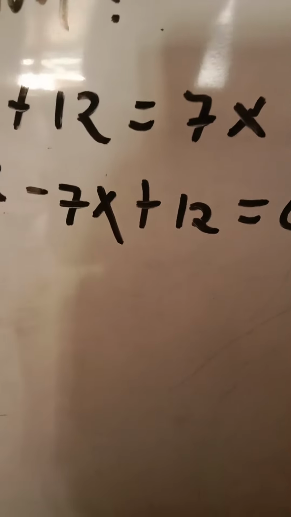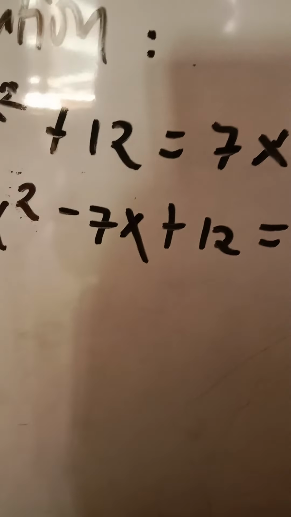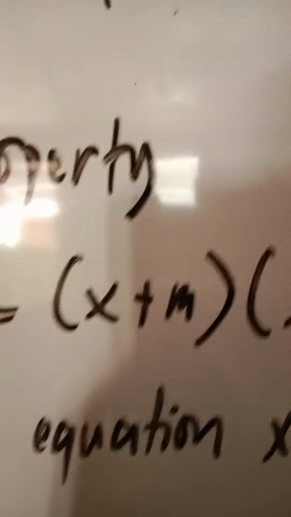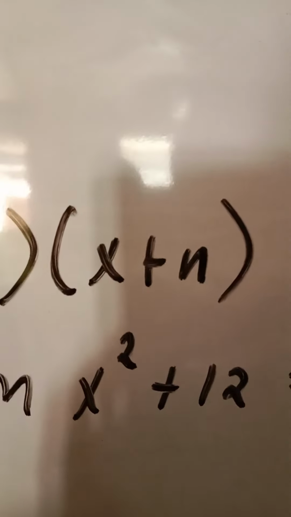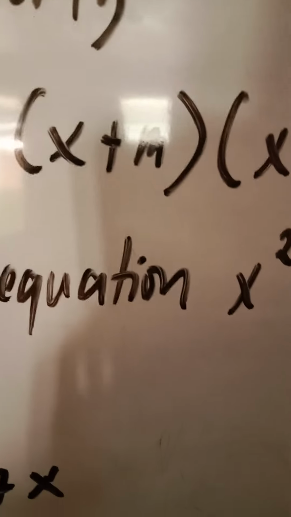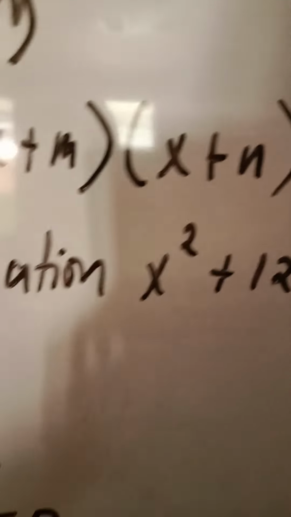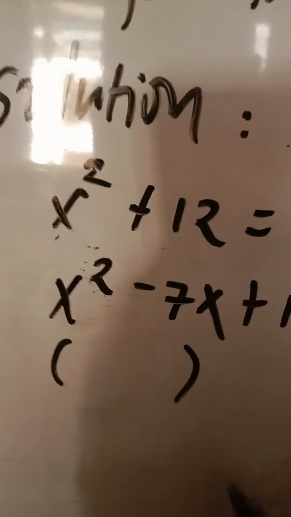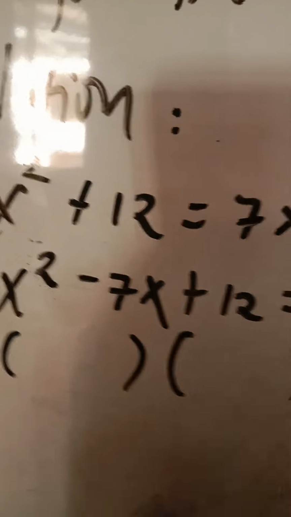Next is to form the symbols, which is x plus m and x plus n. m and n are our numerical values. So all you have to do is factor the equation.